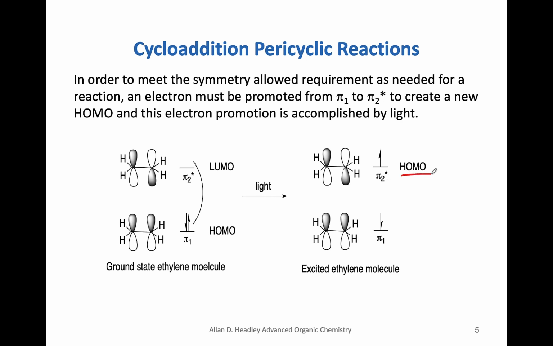So this orbital now becomes the HOMO, as the highest occupied. So now we have the HOMO of one reactant, which has the orbitals with the phasing different from the HOMO of the ground state.